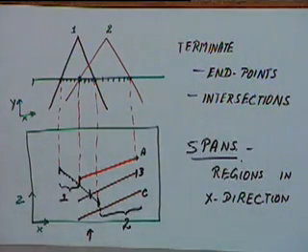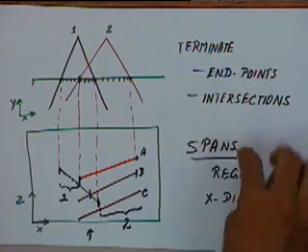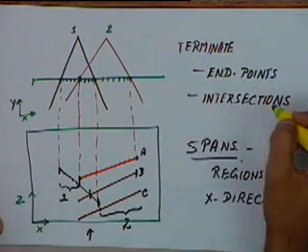So if we have spans terminating at endpoints or at intersections, we can have spans of this kind.